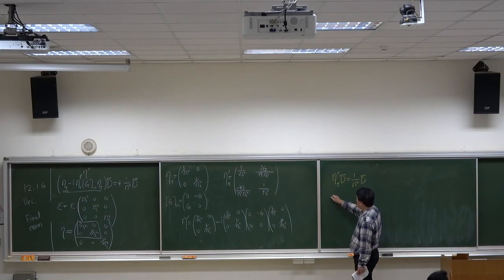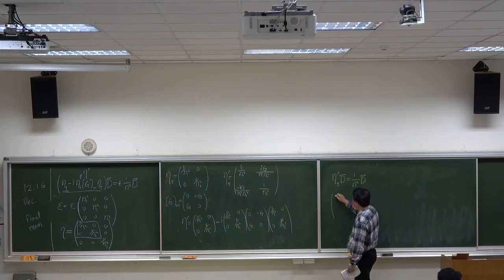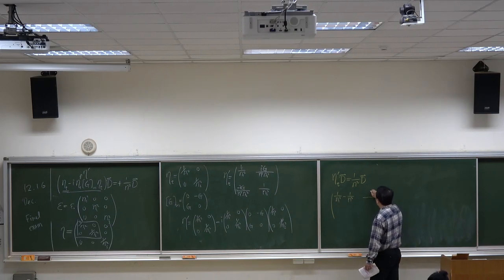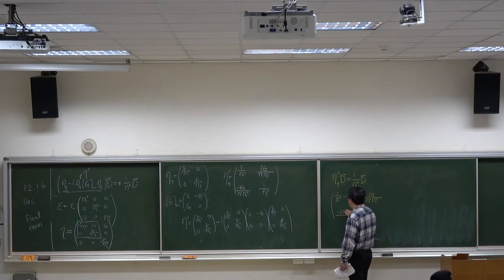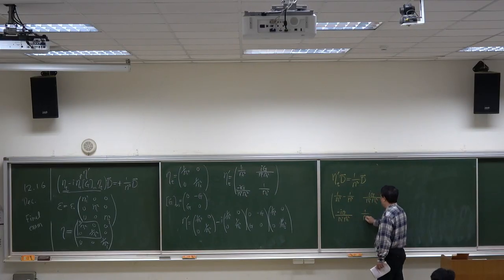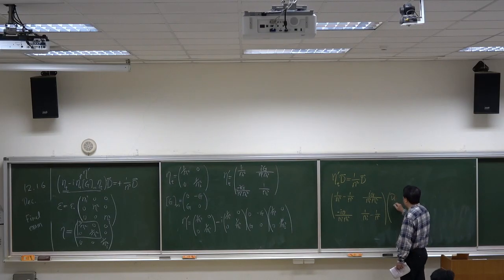So this means that we need to solve for this: 1 over n1 squared minus 1 over n squared, iG over n1 squared n2 squared, minus iG over n1 squared n2 squared, 1 over n2 squared minus 1 over n squared, times d1 d2.